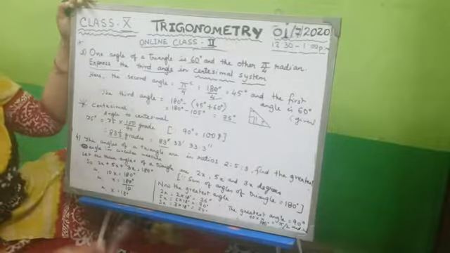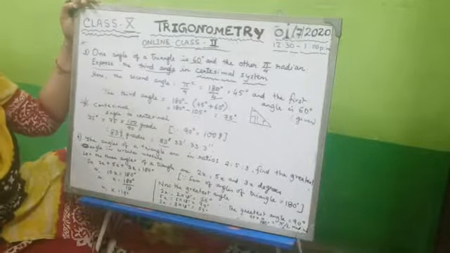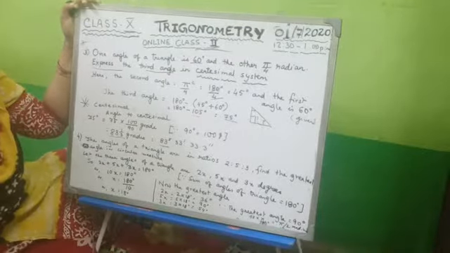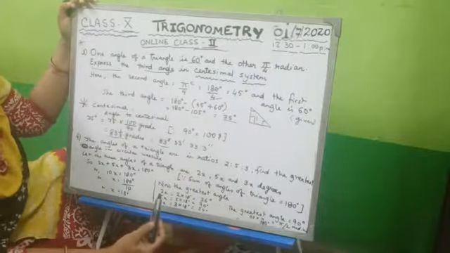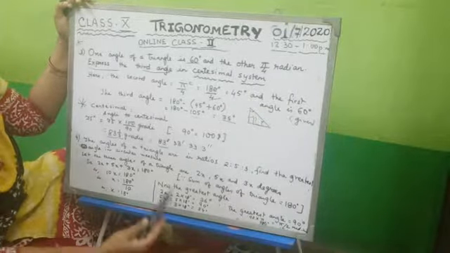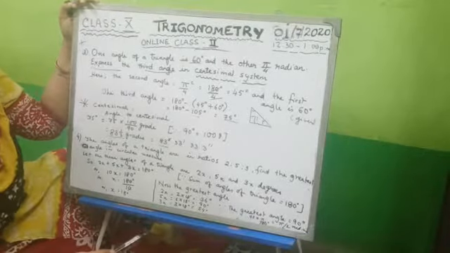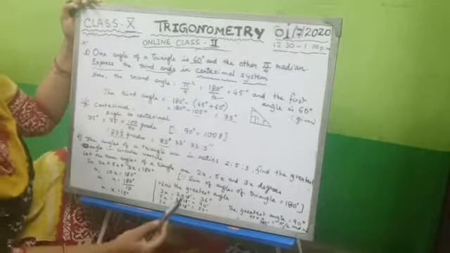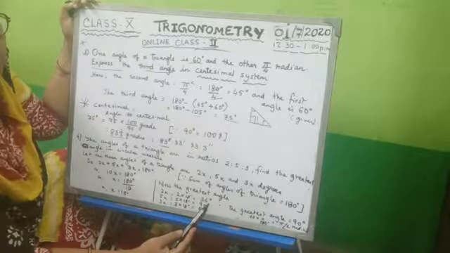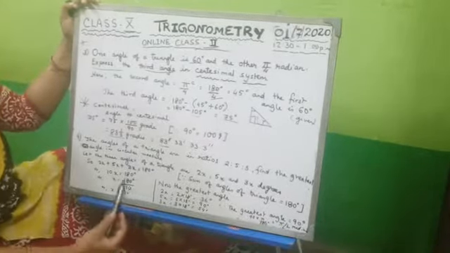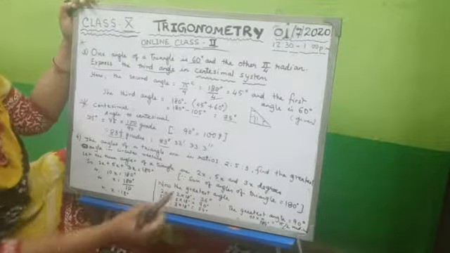Now we find all the angles, because the angles are given in ratio form. By putting the value of x in the ratio, we will find the angles. Now 2x. We know the value of x is 18 degrees. So 2 into 18 is equal to 36 degrees. The next angle is 5x.